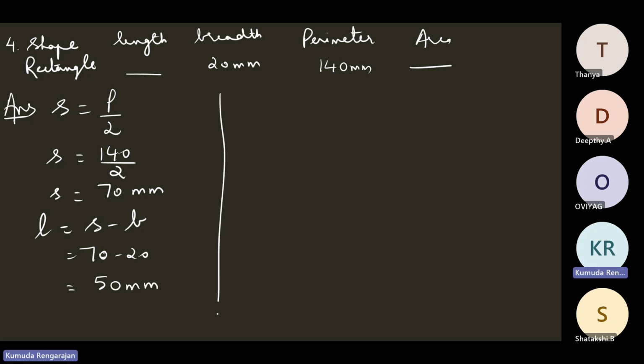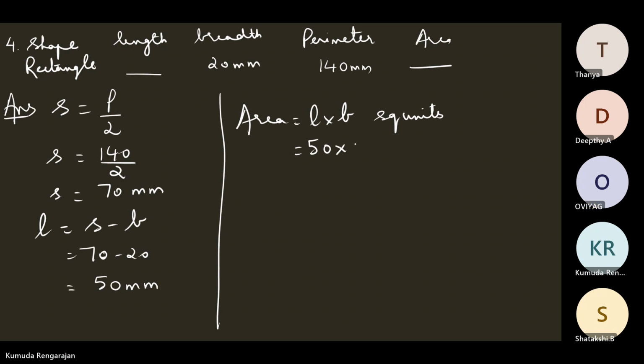Next. Ma'am, now we have to find the area. Area is equal to length into breadth, ma'am. Units? Millimeter, ma'am. No, square units. Okay, ma'am, so 50 into 20.